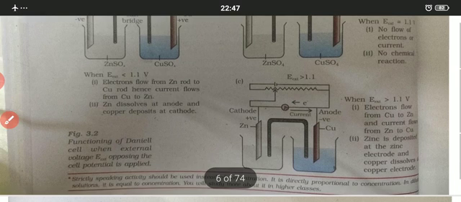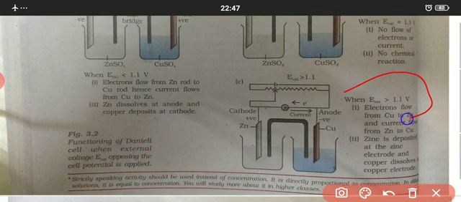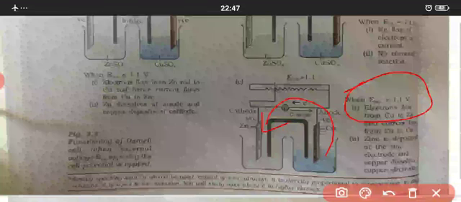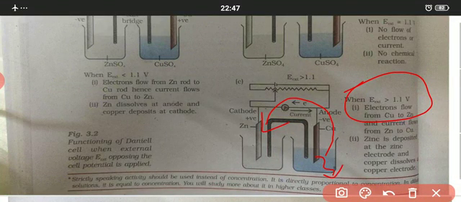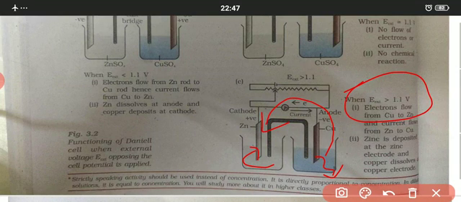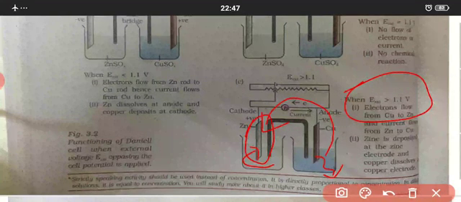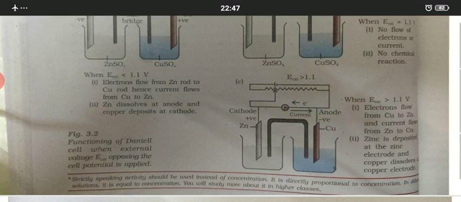And third, if the external voltage is greater than 1.1 volt, electrons flow from copper to zinc and the amount of copper electrode is reduced, while zinc is deposited on the zinc electrode, so the amount of zinc electrode is increased.